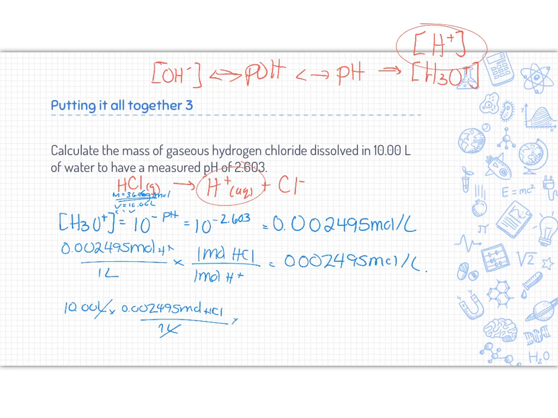Liters cancel. Times its molar mass of 36.46 grams per 1 mole. And I get 0.910 grams of HCl in 10 liters to give a pH of 2.603, which isn't very much, it seems.